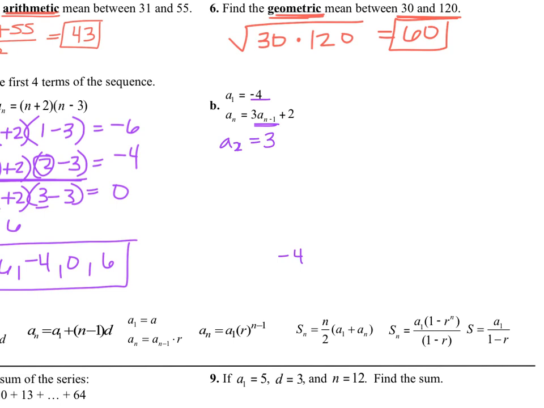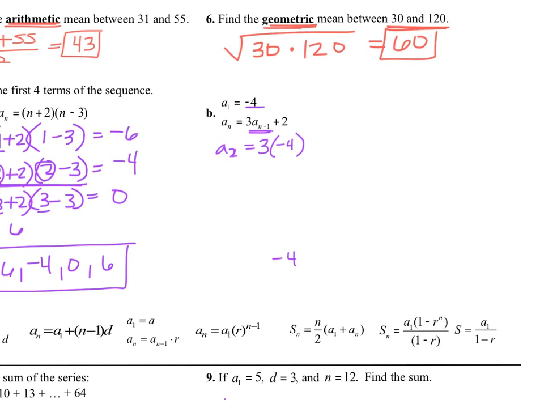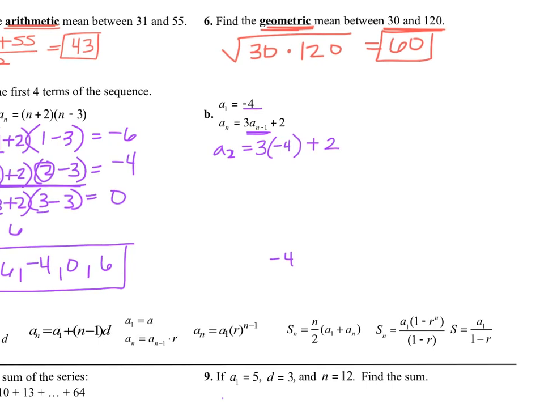That's the term right before it. So for the second term, I want a sub 1. 2 minus 1 is 1, right? So I want to plug in my last term right here, -4. My previous term is a better way to say that, I guess. So a sub 2 comes out to -10.